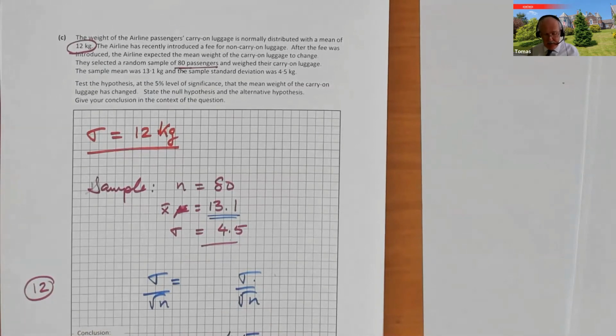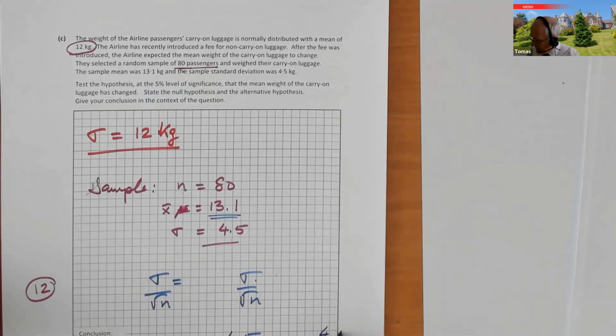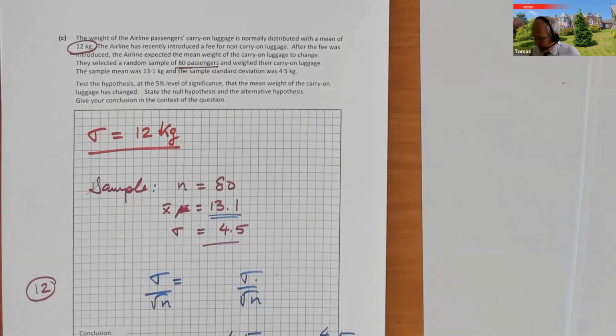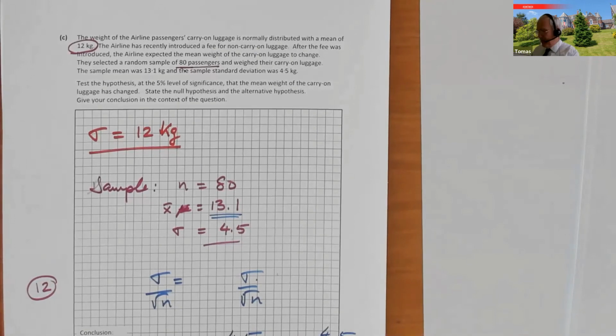I'll just get that calculator for the moment. 80 square root is 8.9, and I'll say 4.5 divided by 8.9 looks like 0.5056. So the standard error I'm talking about is now 0.5056.